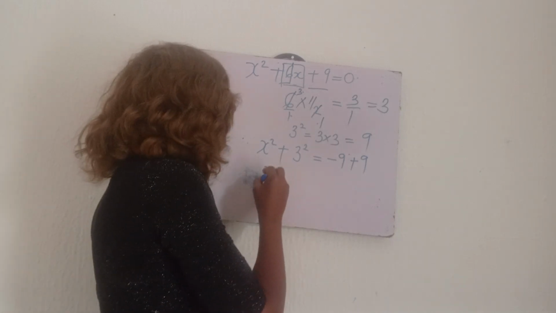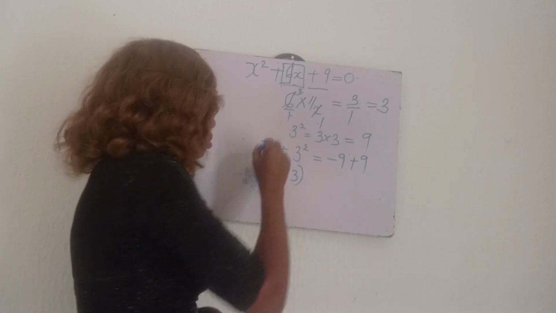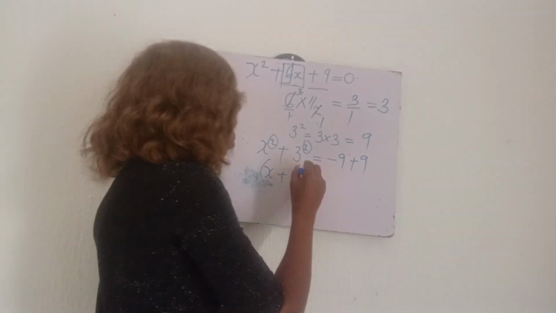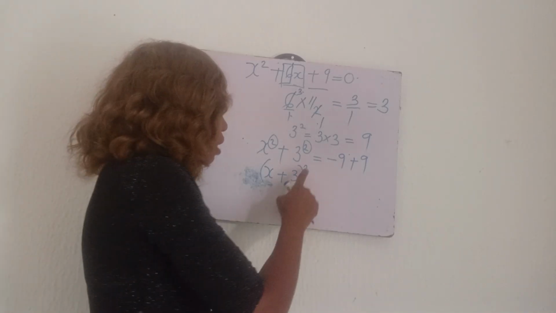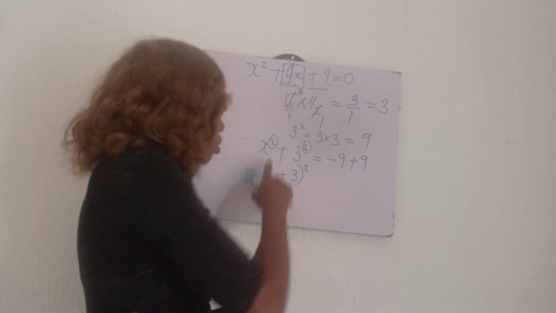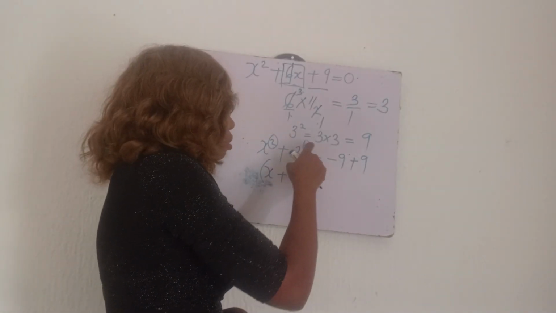So I'm going to have x plus 3 in one bracket because they have the same power. So I'll bring my power outside. This square outside signifies that the square is affecting x and also affecting 3, which will give back x squared plus 3 squared.